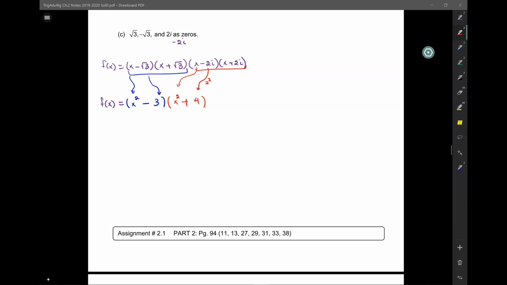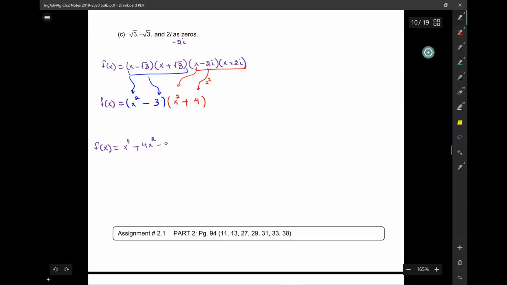After this, we're going to basically FOIL again. So, f of x equals, the first terms are x to the 4. The outer terms are 4x squared.